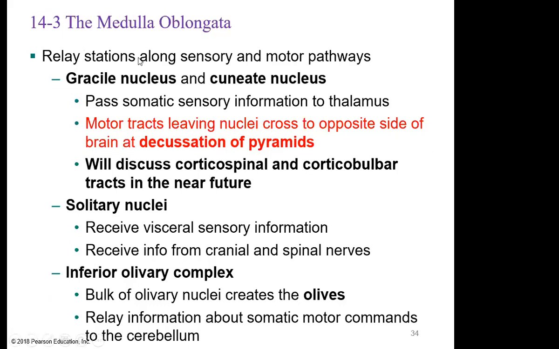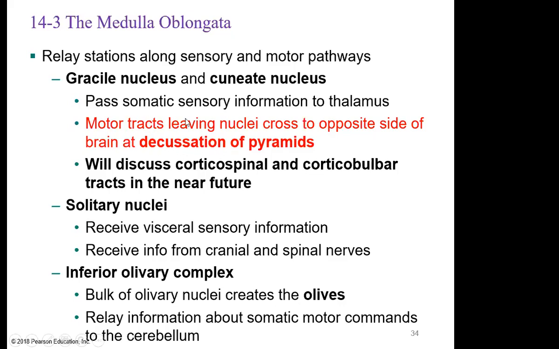Now, whenever we're looking at relay stations within the medulla oblongata, just know that this, of course, is going to pass some somatic sensory information to the thalamus, because we've kind of already said that. But I want you to make sure you definitely highlight this word here, decussation. To decussate means to cross over.